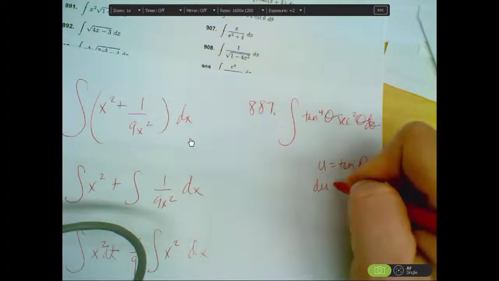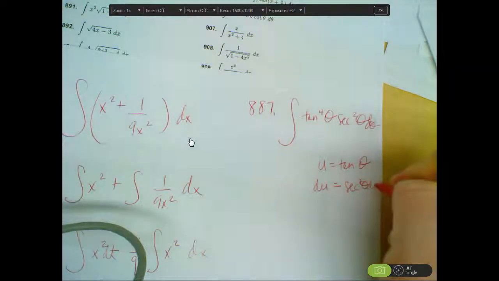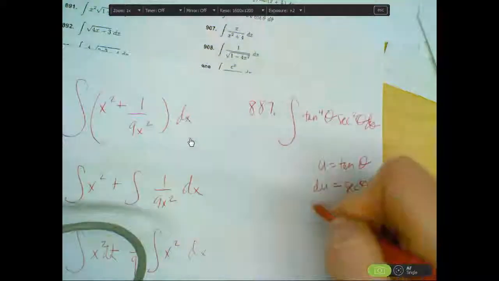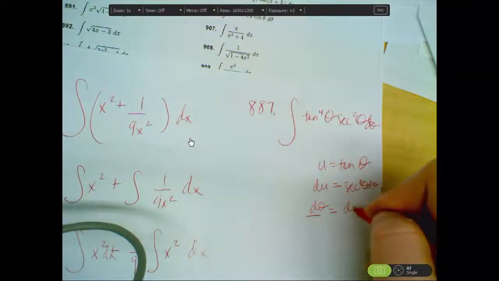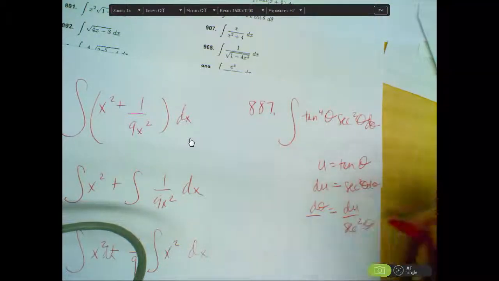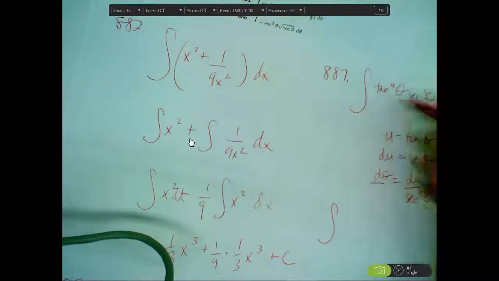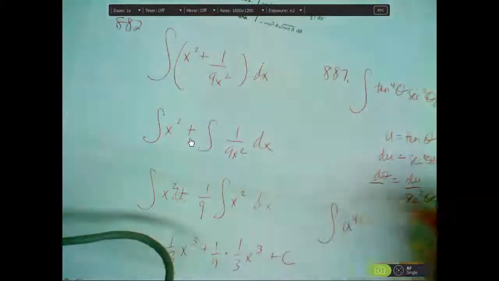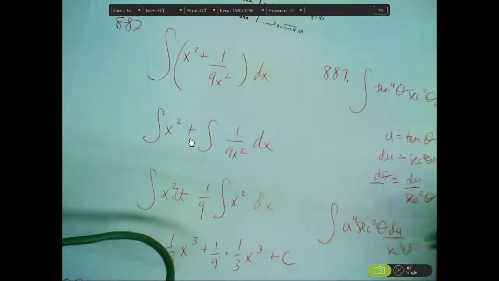Du equals secant squared theta d theta. So d theta equals du over secant squared theta. Okay, so let's rewrite the integral. Tangent to the 4th is u to the 4th. Secant squared theta, d theta is du over secant squared theta.